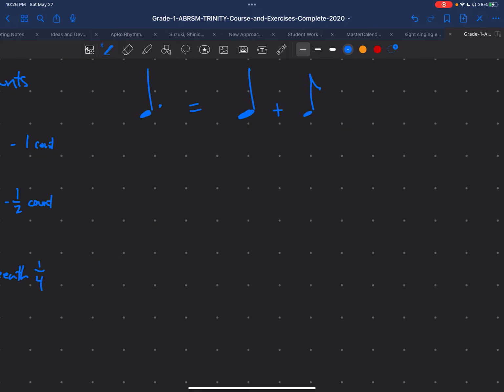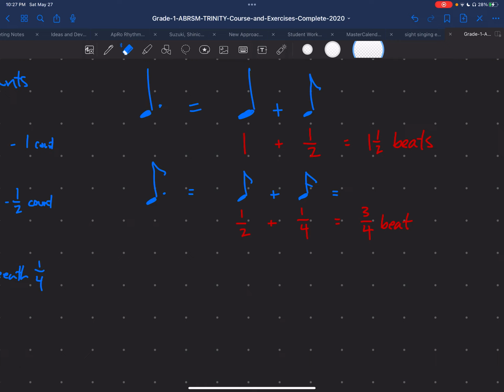That means I have a value of 1 plus a half. That gives me 1.5 beats. Similarly, if I had an eighth note that has a dot, that's the same as an eighth note plus a 16th note, giving me half a beat plus a quarter of a beat, which means that I would have 3/4 of a beat.